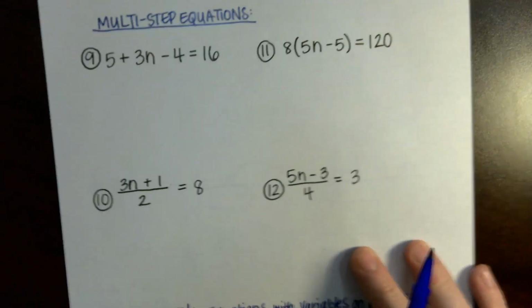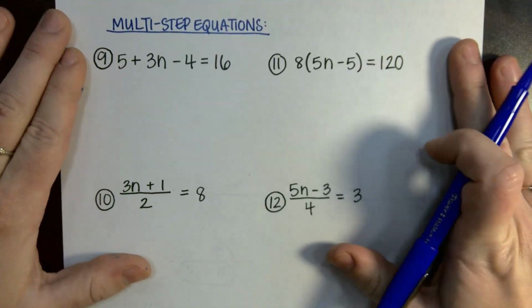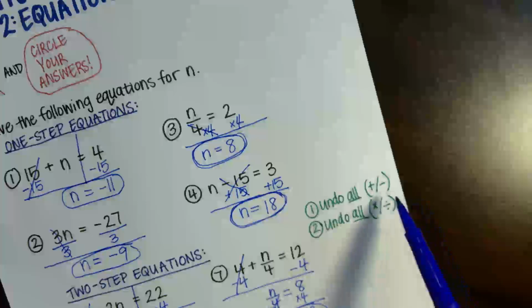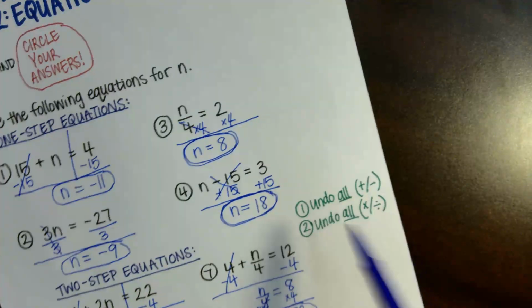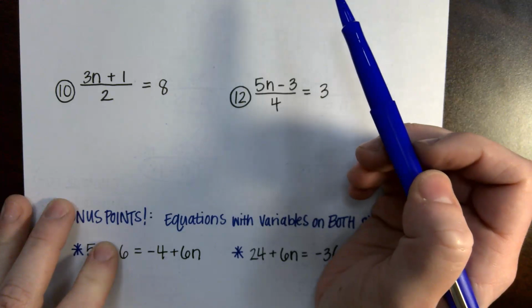Okay, on the back page, we have 4 questions that are multi-step equations. Now, these are all going to be solved kind of in this same way, where you undo the addition and subtraction and then multiplication and division, unless we have those exceptions.